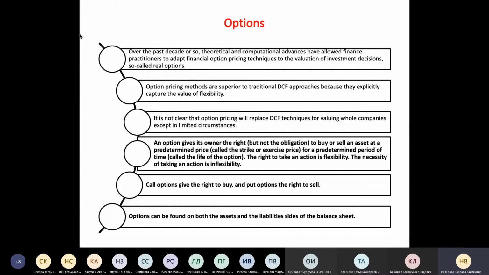Or perhaps our company has different equipment, has different technologies, and can switch to other activities according to the market purposes and the market expectations. And all these examples are examples of real options.